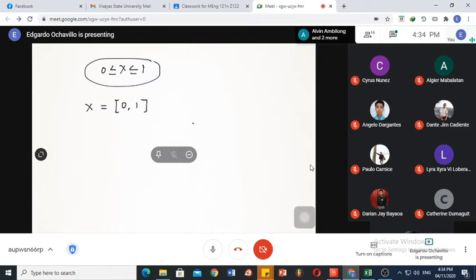This bracket here is the closed interval. So meaning to say x can be 0. It could be 0 and it could be also 1. Okay, can you follow?